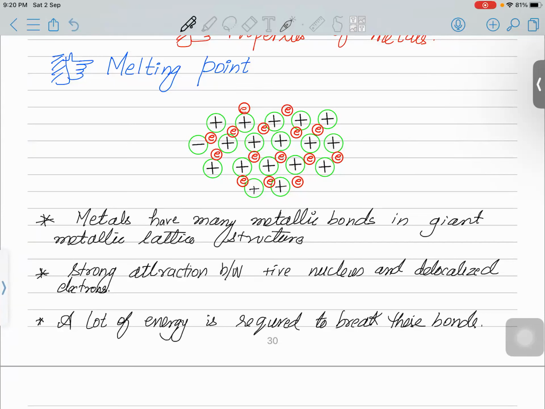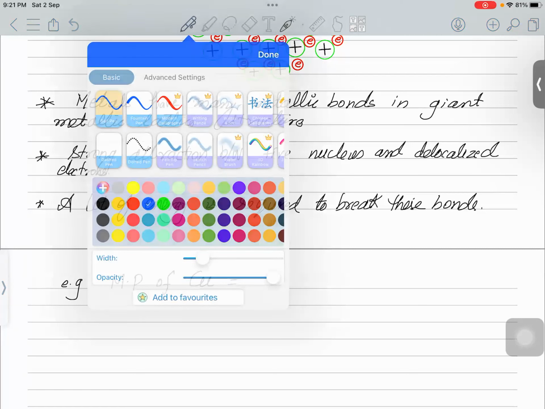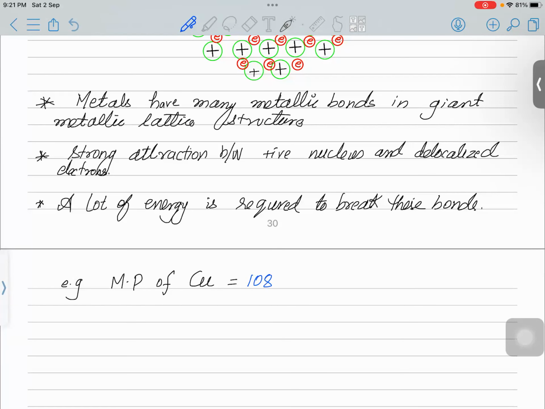That's why metals have high melting point. For example, can you find the melting point of copper? Sir, the melting point of copper is 1083 degrees Celsius. It's very high.